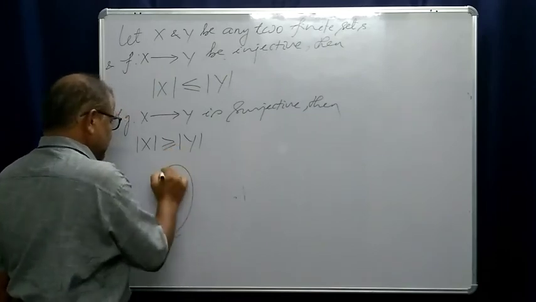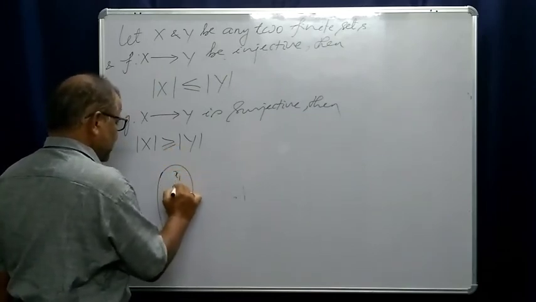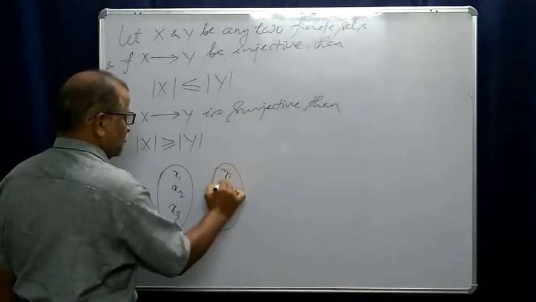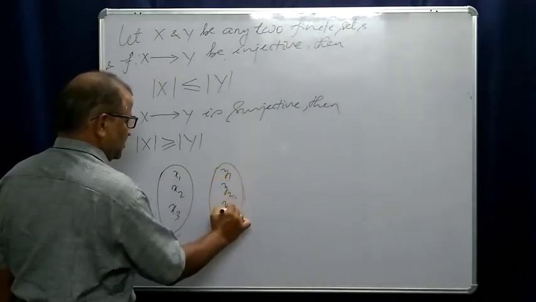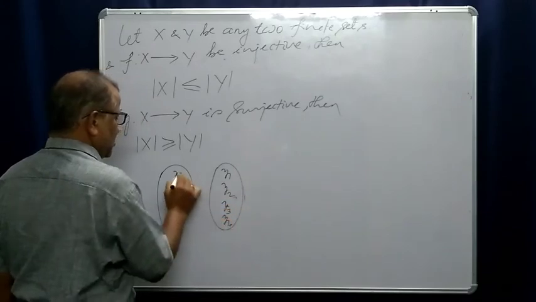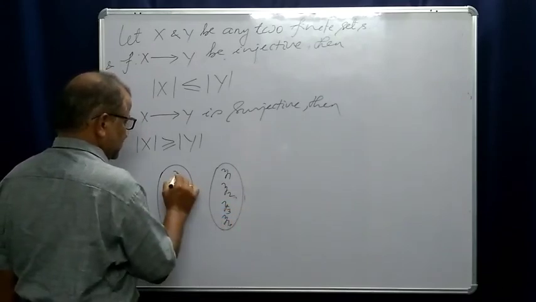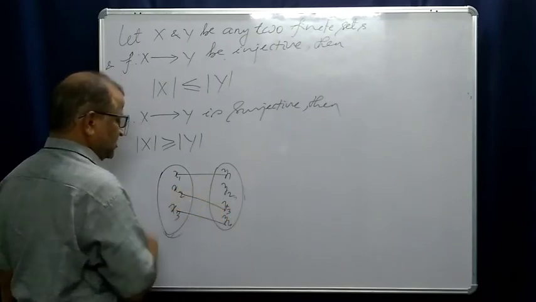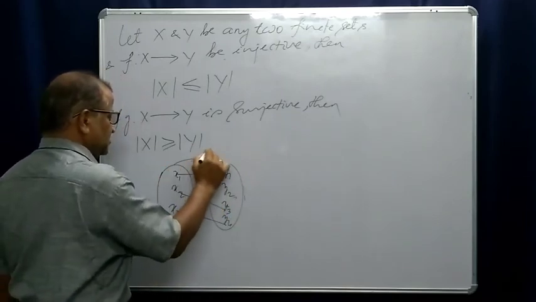Yes, in the first case we have taken x1, x2, x3 and y1, y2, y3, y4. At best, its elements will be related like this. Your function is like this.